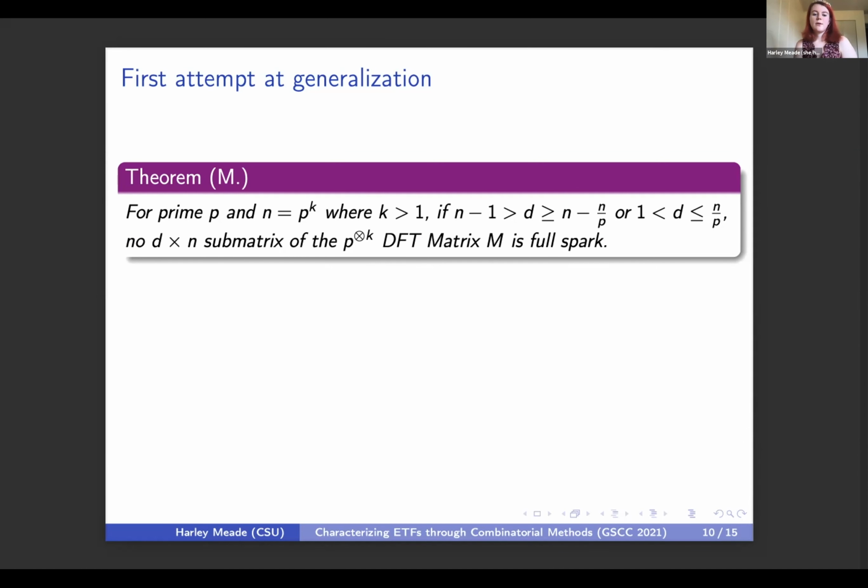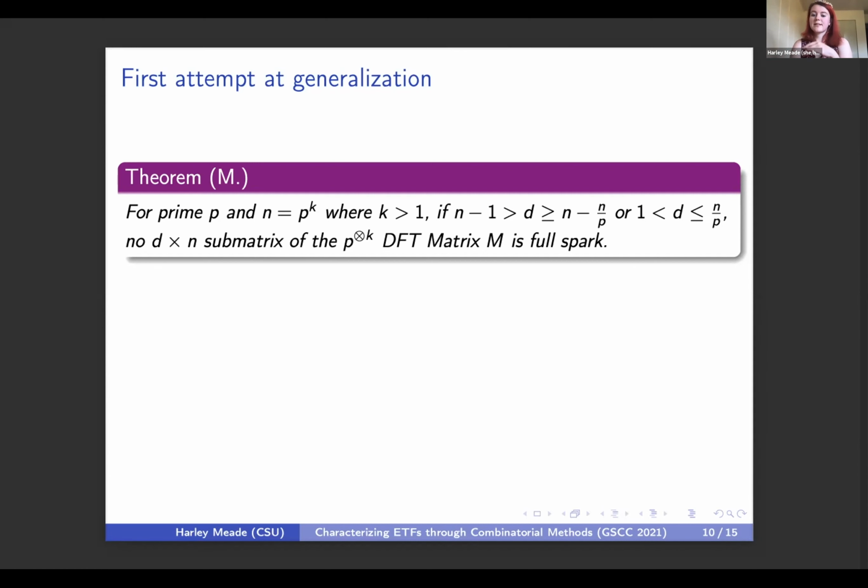So here, if you have some prime power, n is p to the k, and k is not 1 because otherwise it's just Chebotarev's theorem. And if you have d between 1 and n over p, or d between n minus n over p and n minus 1, then no d by n submatrix of this DFT is going to be full spark.